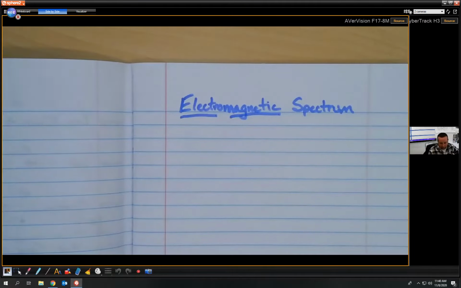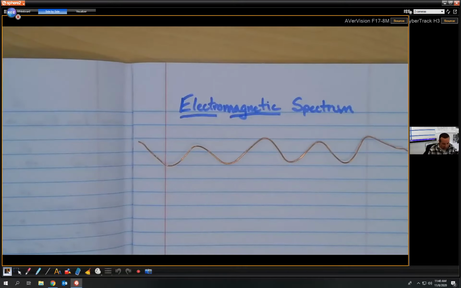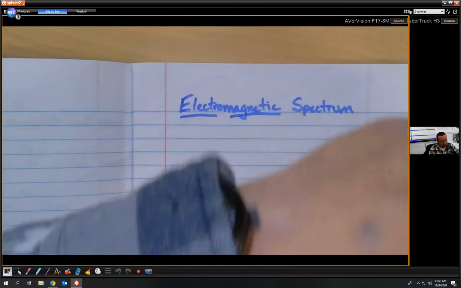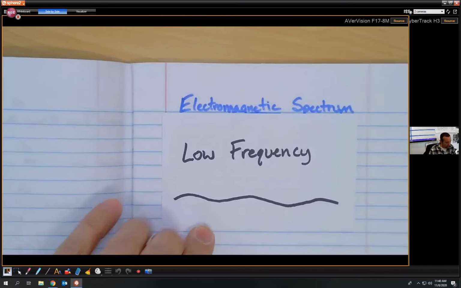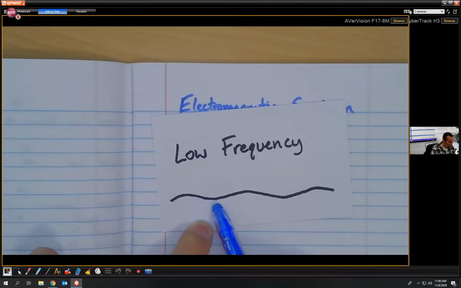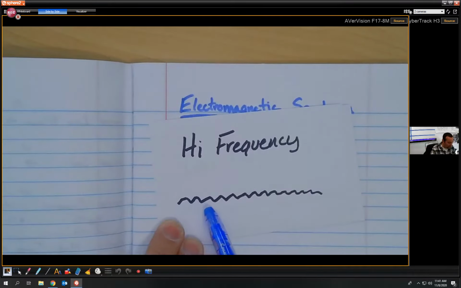So for this next part, I want to talk to you about waves. So we know that there are things called waves and that light travels in these waves. Well, there's different kinds of light out there. So if we have a low frequency, you can see there's not very many waves on the card here. So we would call that a low frequency. But there's also high frequency waves.